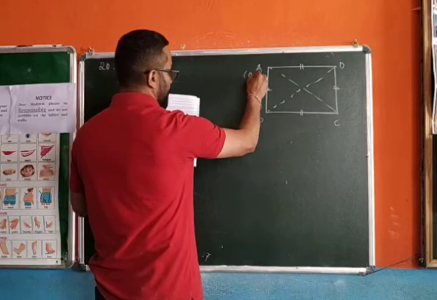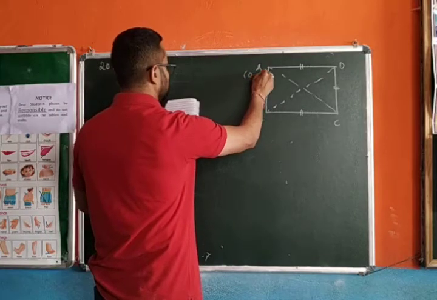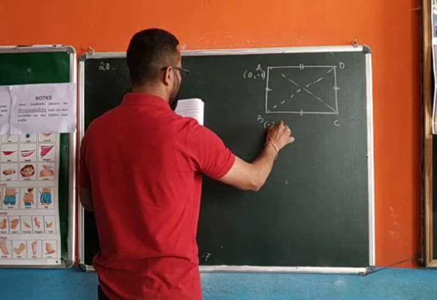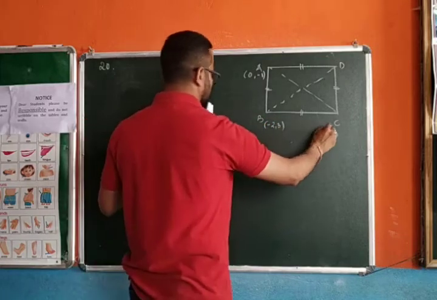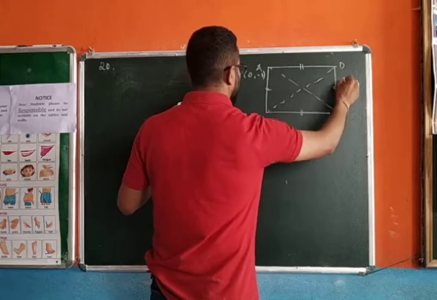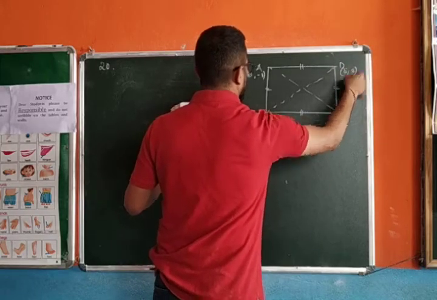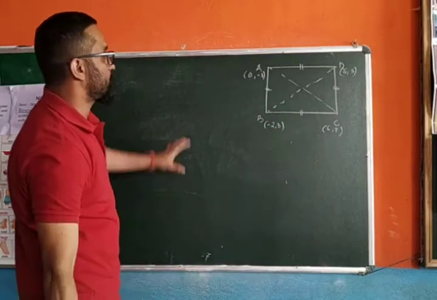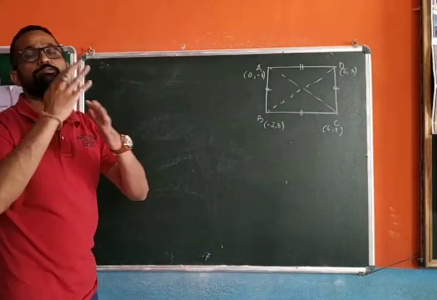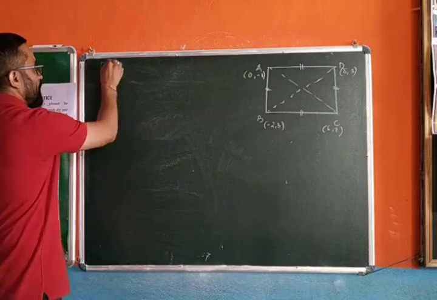A has coordinate (0, -1). B has coordinate (-2, 3). C has coordinate (6, 7) and D has (8, 3). So first we calculate distance AB. Calculate in order, then finally you check it.